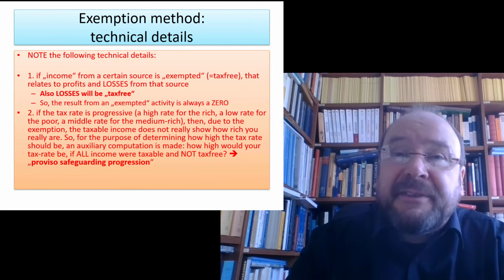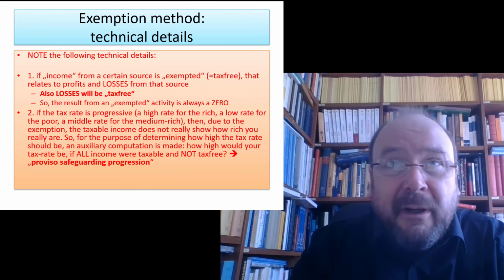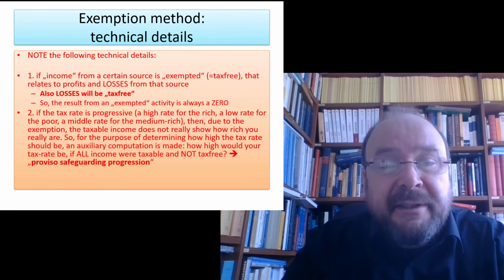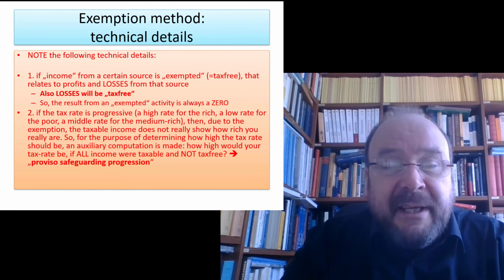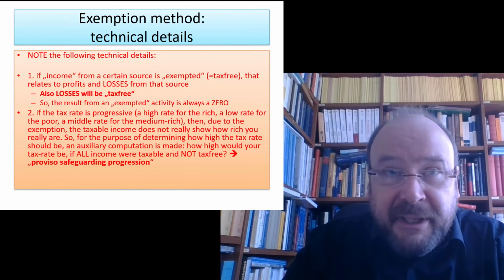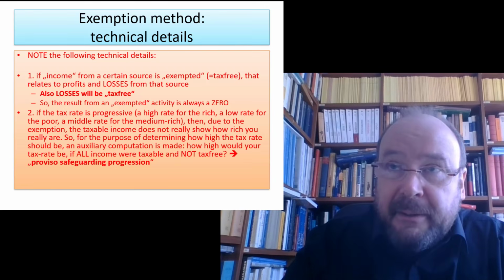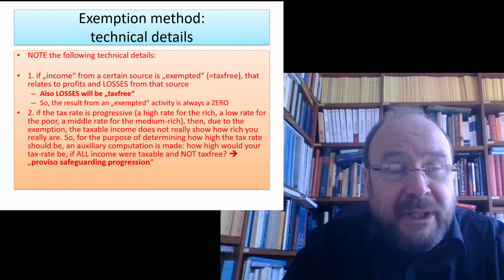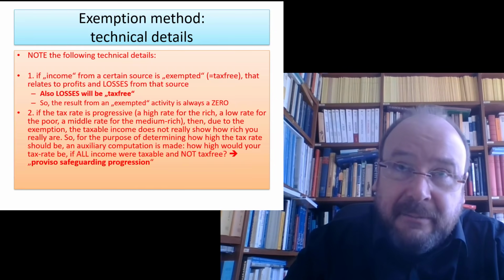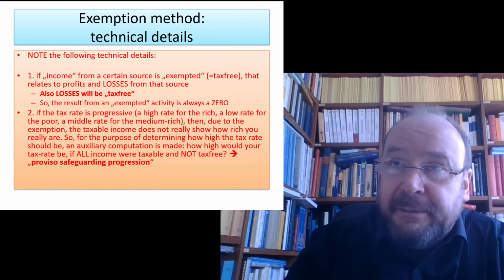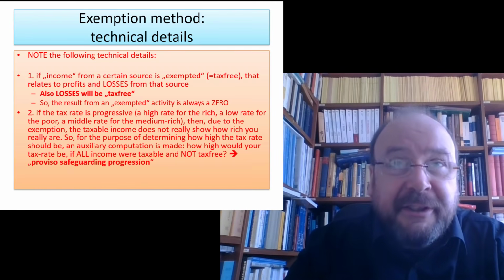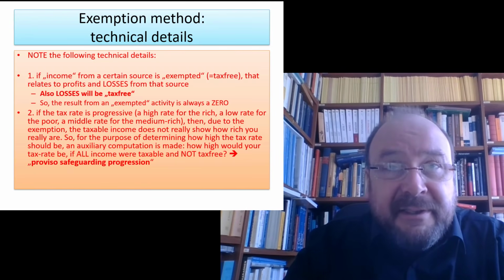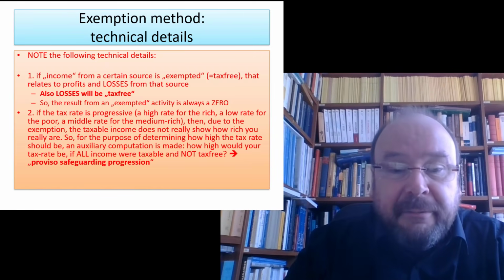But we have to tax the 10,000 according to our ideas of justice, and our ideas of justice were that, or are, that a rich person should pay a rich tax rate, a high one, a poor person a low one, and a person in the middle, one in the middle, and a person in the middle between the middle and the highest, a rate in between, and so on. And so you do that auxiliary calculation.